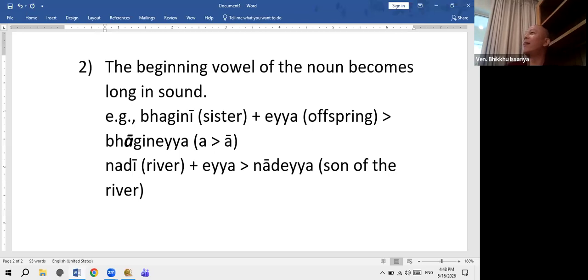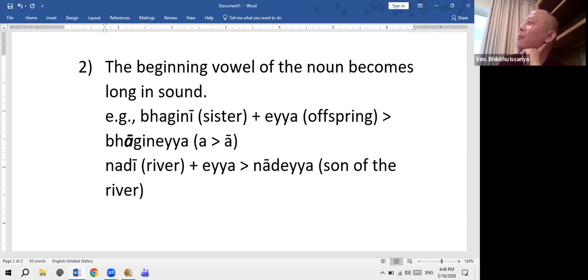For example, one of my students, a Vietnamese student, her name is Hải Tâm. Hải means big ocean, and Tâm maybe means the mind, the heart.